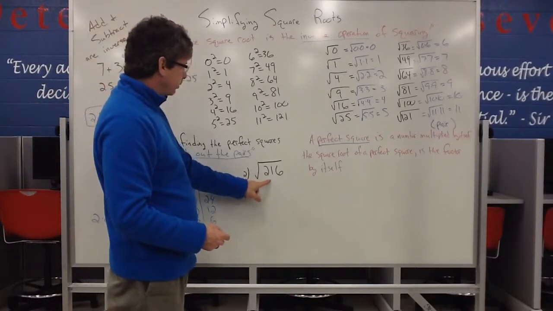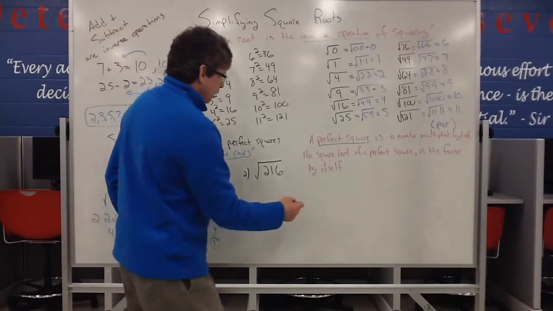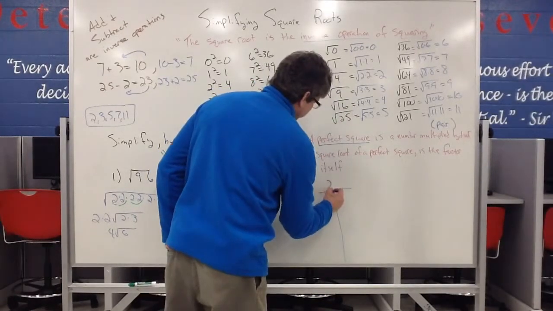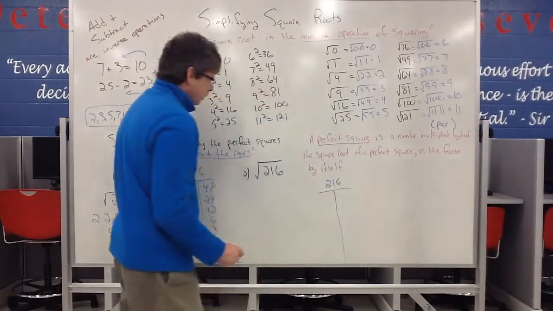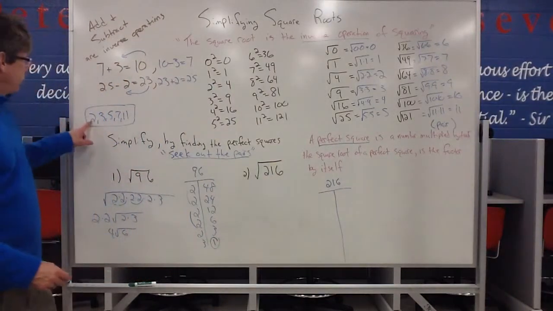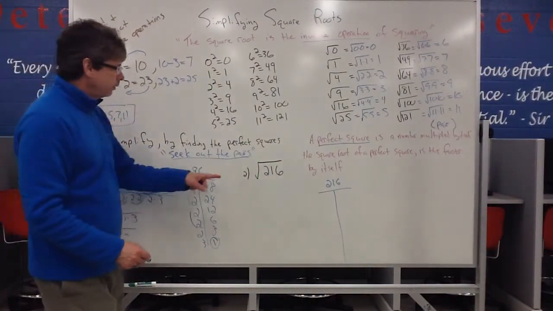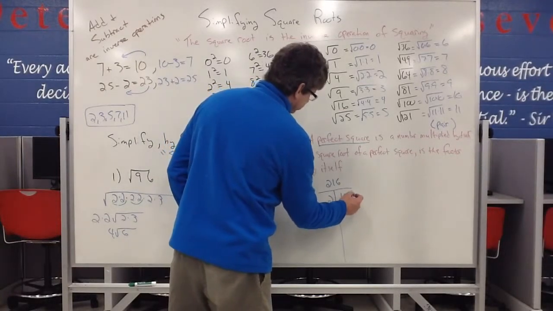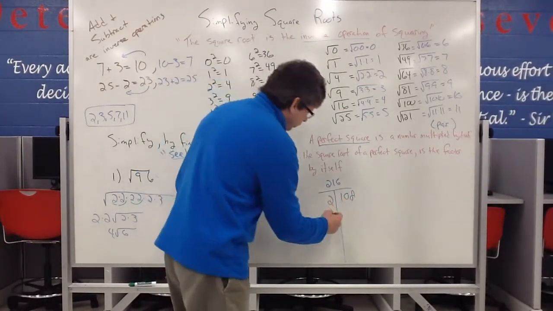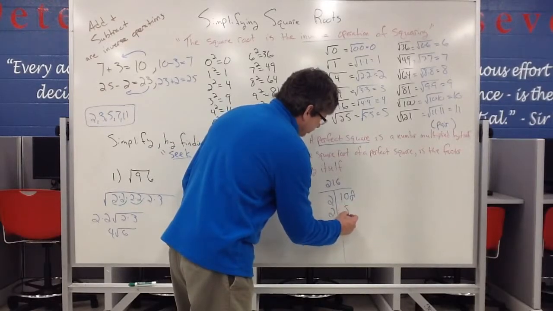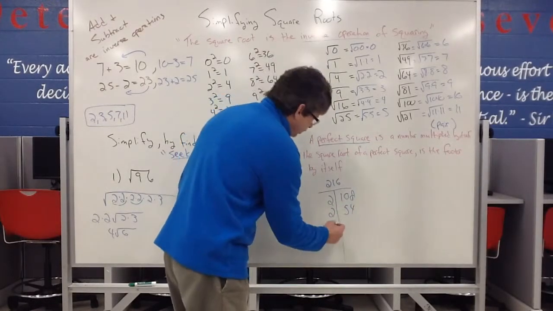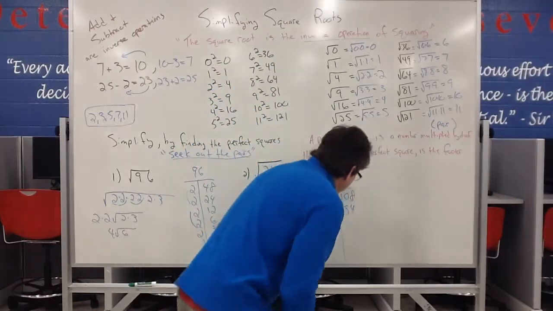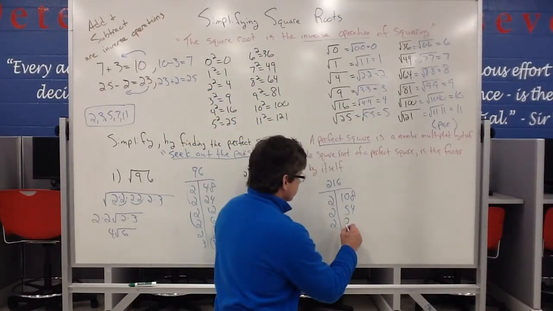So let's see if we can simplify the square root of 216. Again, what I want to do is use my prime factorization as my tool. So I'm looking at this 2, 3, 5, 7, 11. So since 216 is even, 2 will go into that 108 times. 108 is even, so 2 goes into 108 54 times. 54 is even, 2 goes into 54, what's that, 27 times?